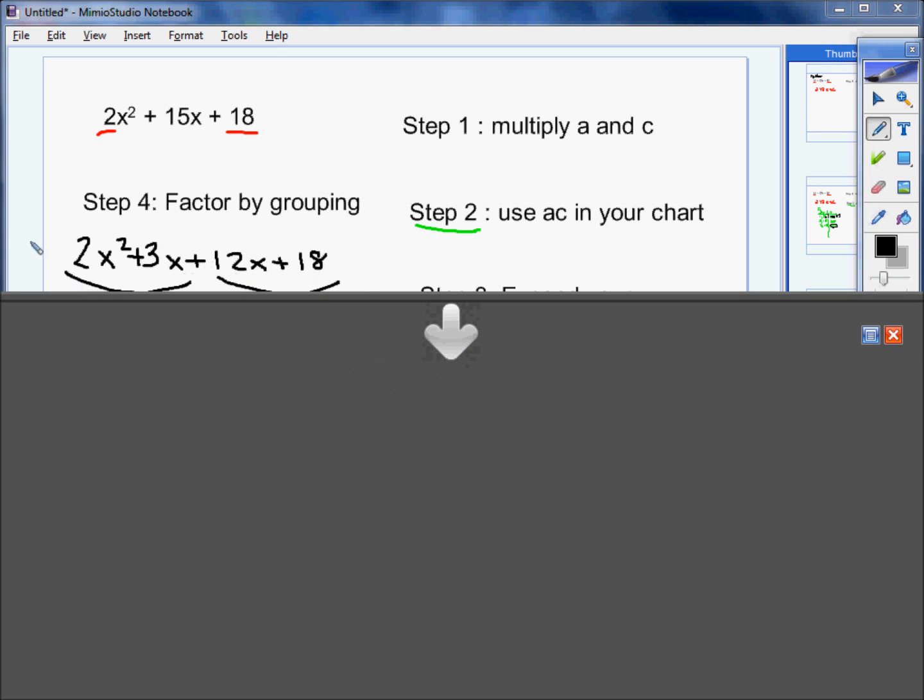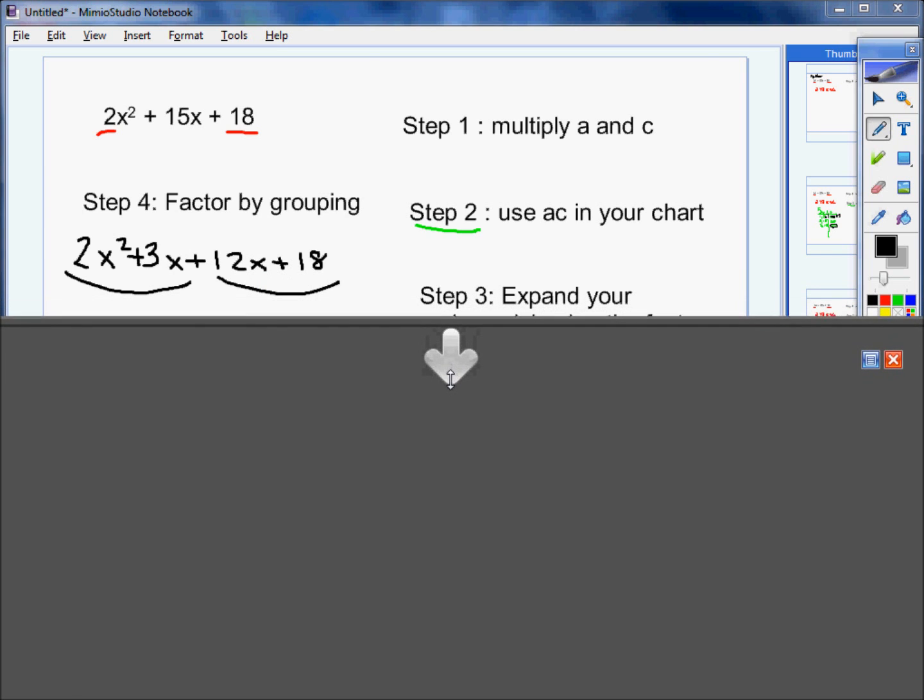But there is something in common in the first 2 terms, and there is something in common in the second 2 terms. What's in common for these first 2 terms? X. And what's in common for these second 2 terms? 3. 2, 6. 6 is the biggest one. We want to look for the biggest one.